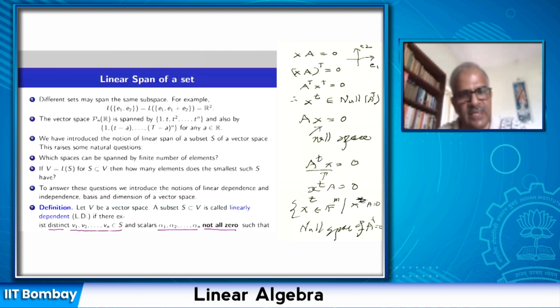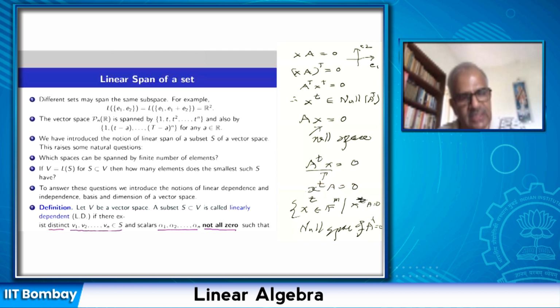So linear dependence means I have a linear equation where the coefficients are the scalars, and this linear combination produces the zero vector, and it's a non-trivial linear combination. Suppose I just take one non-zero vector. Then it cannot be linearly dependent, because if a scalar times a non-zero vector is 0, that scalar must be equal to 0.